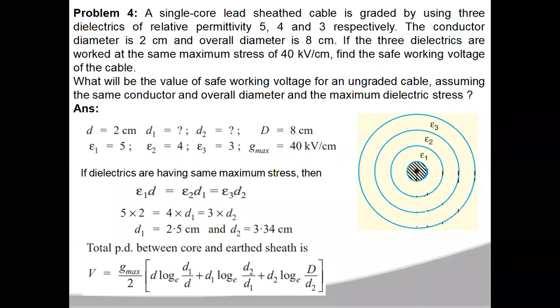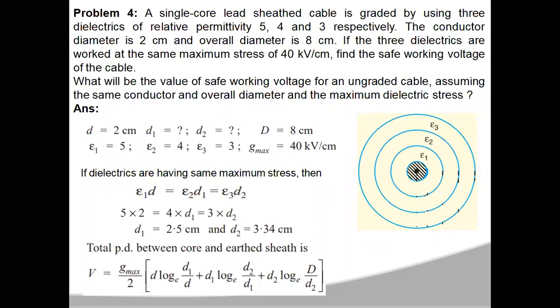So grading will be capacitance grading and intersheath grading. In capacitance grading, you will use different dielectric materials which have different relative permittivity. You can use layers of dielectric materials in such a manner that the value of permittivity epsilon will be in decreasing order from conductor to earth.